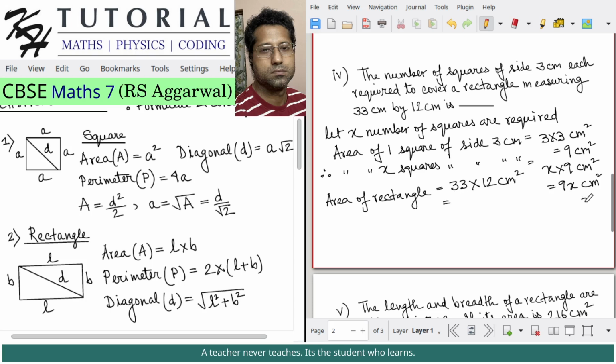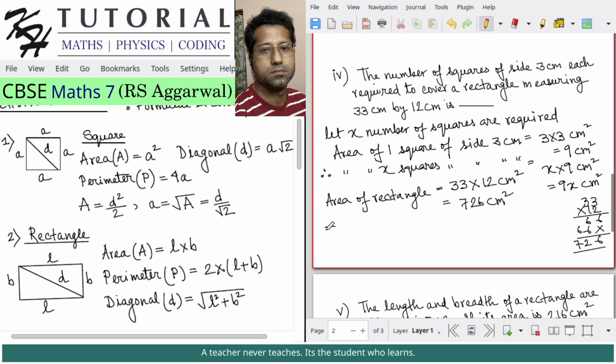Let me quickly calculate the 33 multiplied by 12. So this is 6 and 6. So 6, 12, 726. So this is 726 centimeter square.